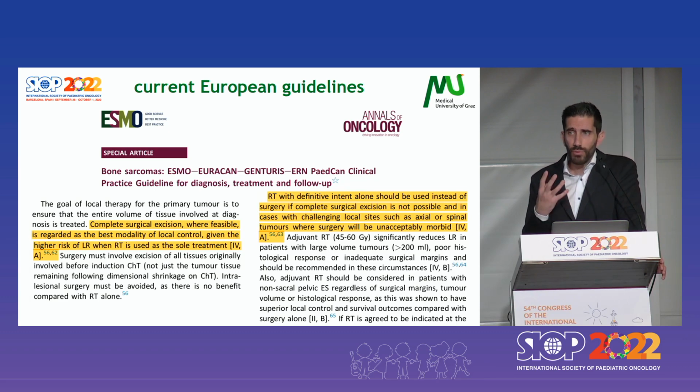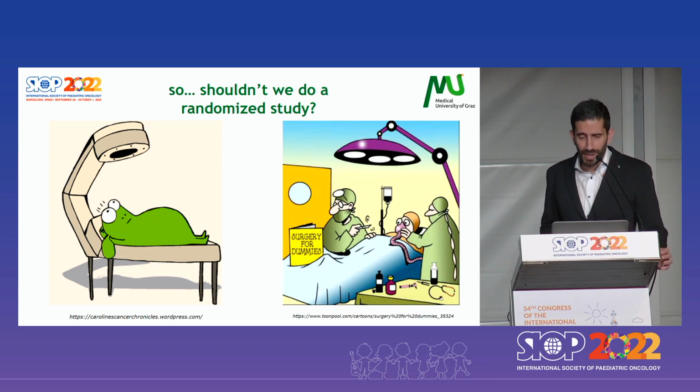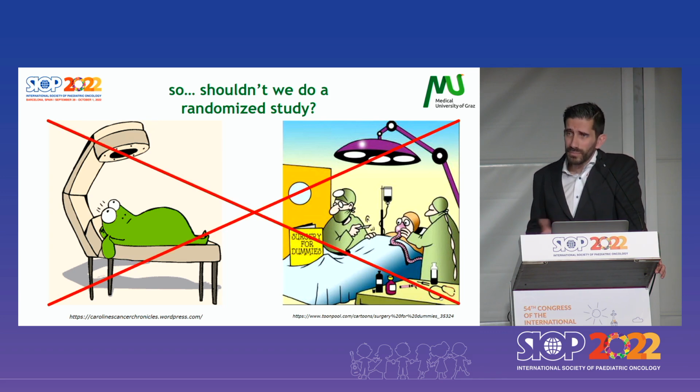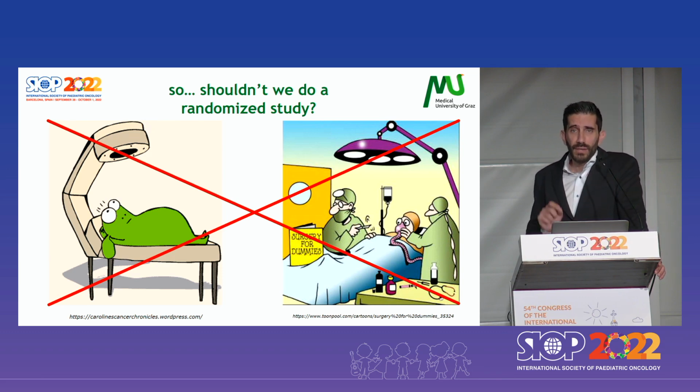So taking this problem into consideration, the most obvious question that I asked my first mentor when I was a resident in orthopedic oncology is, okay, if we don't know what's better, why don't we do a randomized study between radiotherapy and surgery in patients with Ewing sarcoma? Unfortunately, for several reasons, such a study is considered infeasible because most people believe that surgeons or radiotherapists or even oncologists are not going to be willing to include patients in this randomized setting.